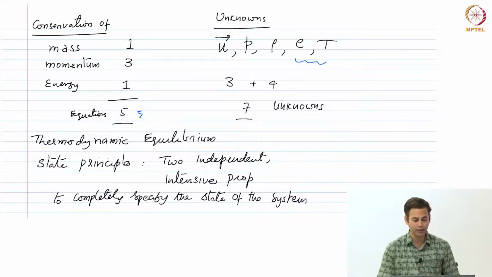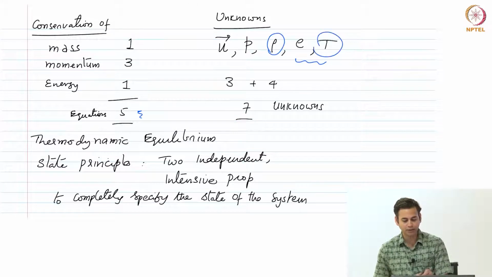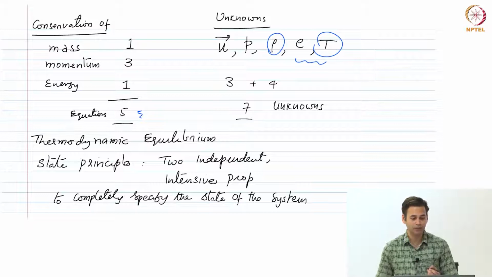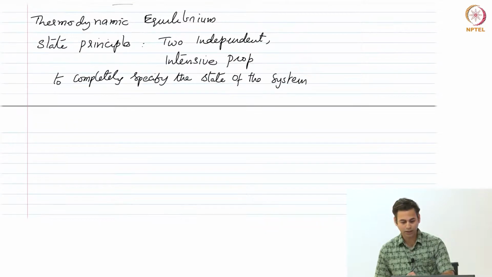that we have specified, okay. So if we choose as our properties, let us say, density and temperature as our independent properties, okay, then what we can do is we can go about and write and relate the other properties.